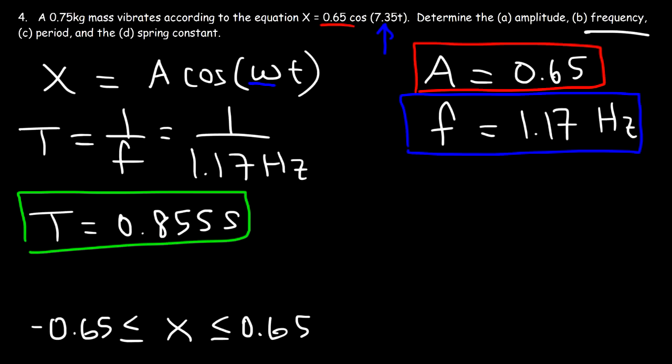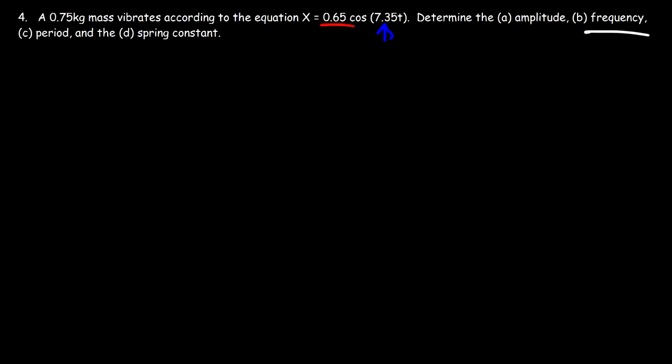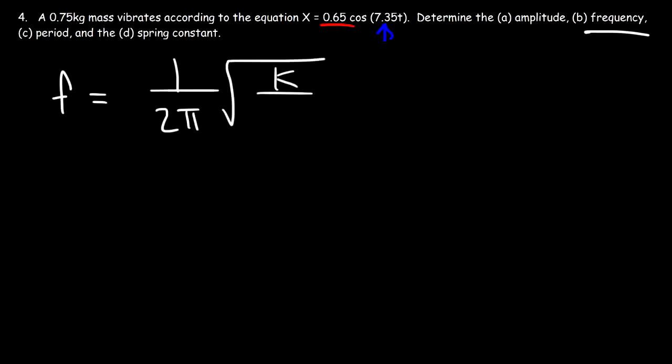So the last thing we need to calculate is the spring constant. So what formula can help us to do that? Well, we know that frequency is 1 over 2 pi times the square root of k over m. So the first thing I'm going to do is multiply both sides by 2 pi. So I can get rid of this.